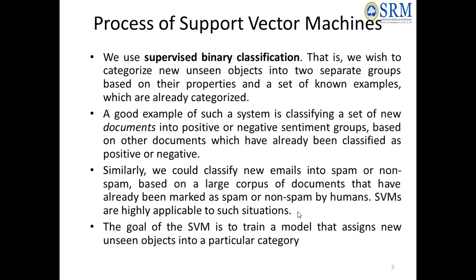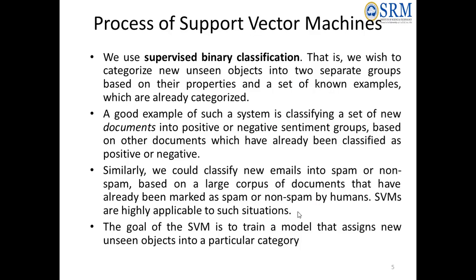Now the process of support vector machines. It clearly says that we are using supervised binary classification. That is, we wish to categorize new unseen objects into two separate groups based on their properties. As an example, we are going to have an input of dog and cat.